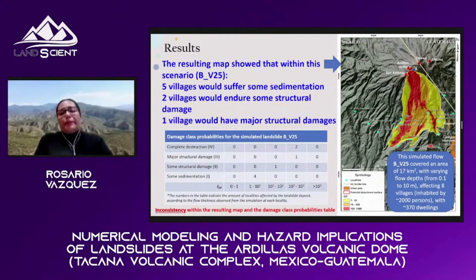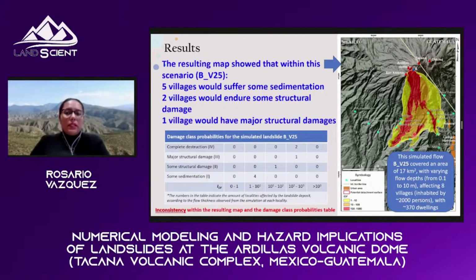But it's an approach that we're still working on to enhance our results and the maps that we obtain. But the main objective of this kind of maps is that we can see the distribution of the deposit that a very big landslide can leave, where it will affect at least 8 villages, and within these villages lives more than 2,000 persons.